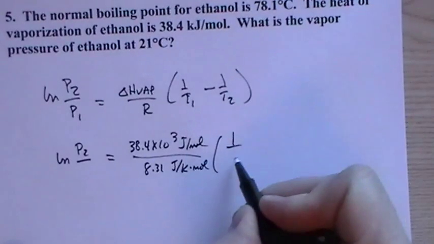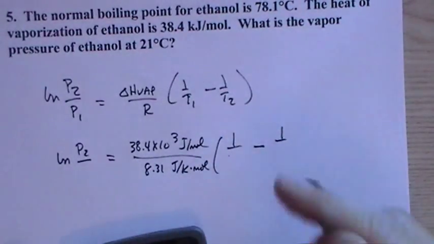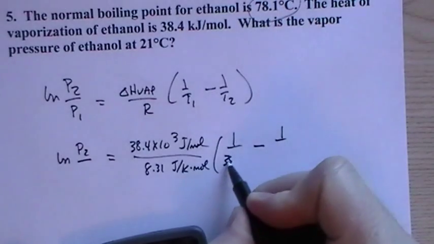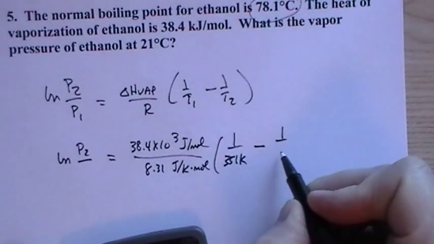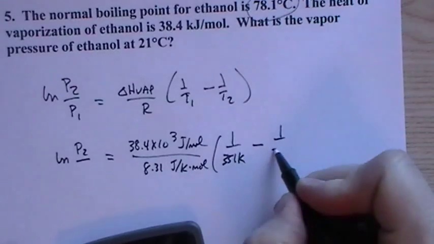And then our T1 seems like it's unknown, but actually our T1 is the boiling point of ethanol, so 78.1 plus 273, this is 351 Kelvin, and then our T2 is 21, so that's 294.